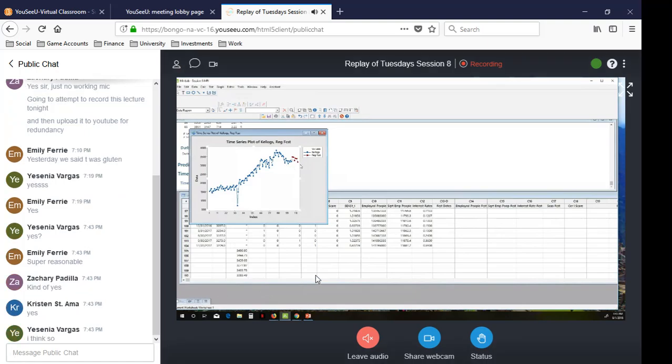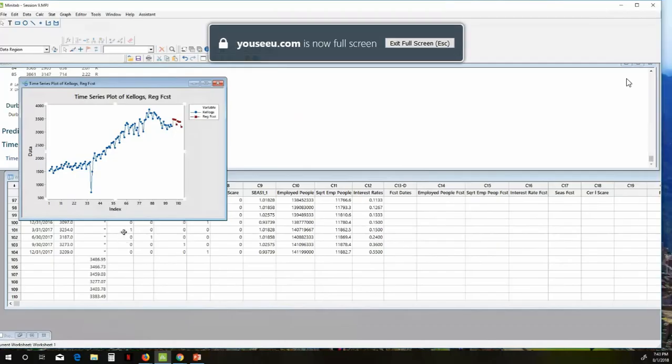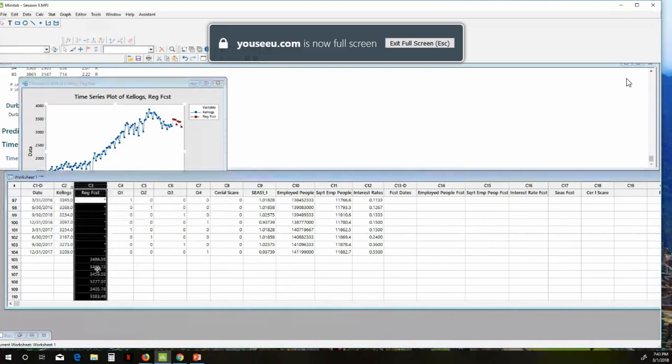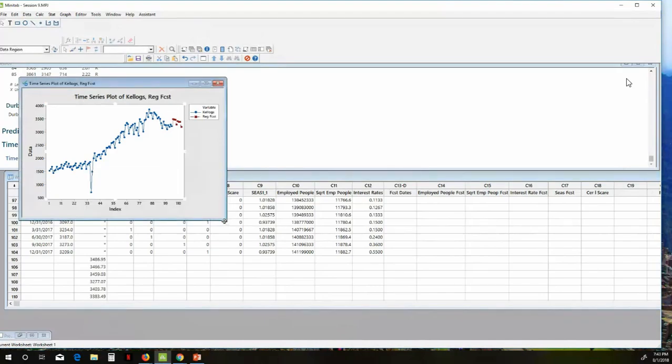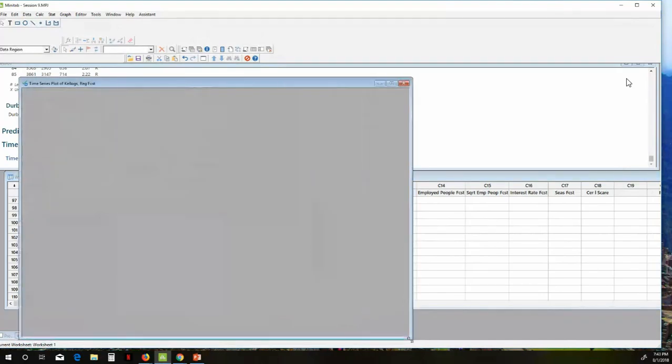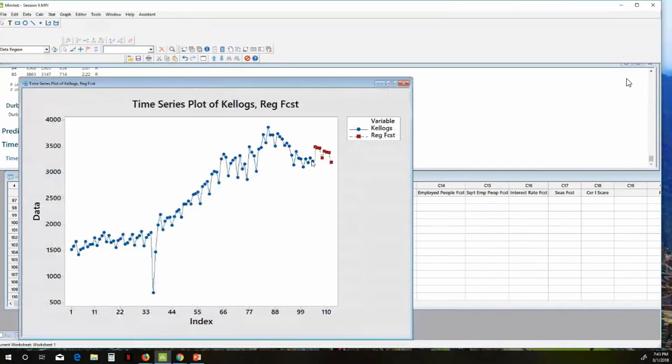So these are the forecast numbers that we're going to use in our strategic plan for this company. I think it looks reasonable. We can make it bigger so you can see more of the variation, the nuances associated with the seasonality, but you've got it all there.